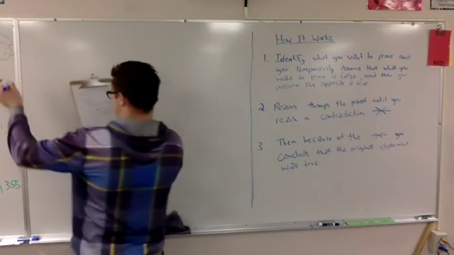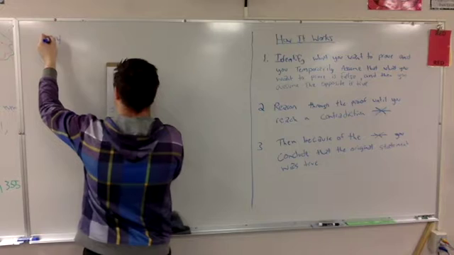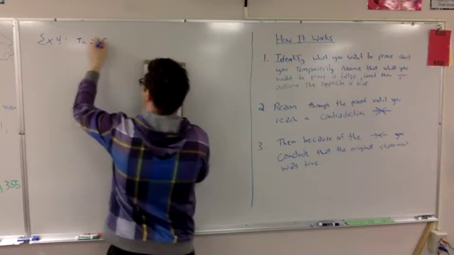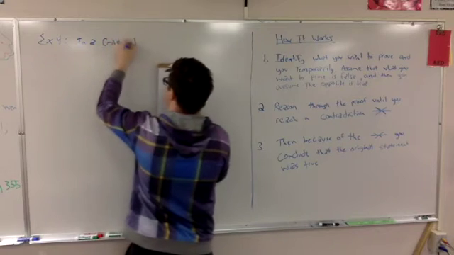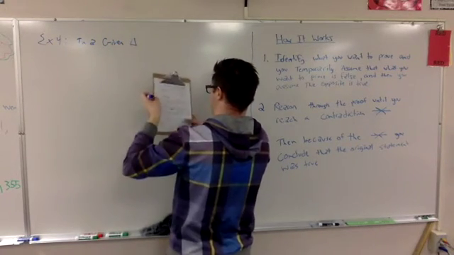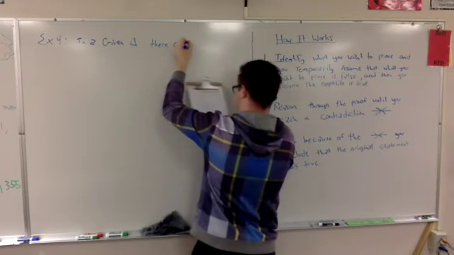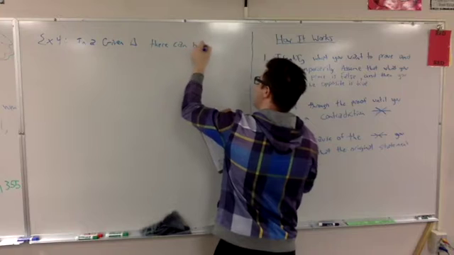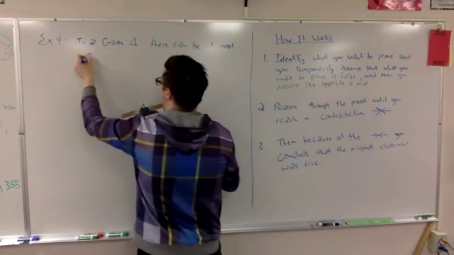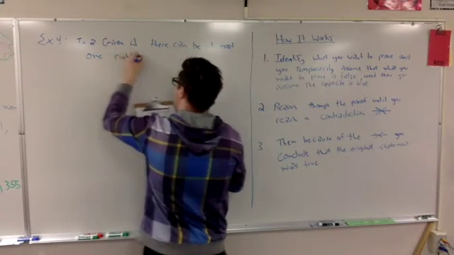So here's our example. This is example 4, I believe. In a given triangle, there can be at most one right angle.